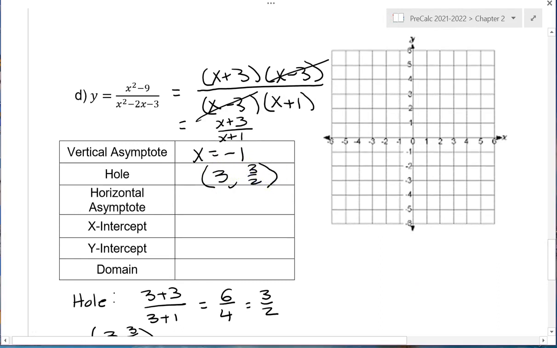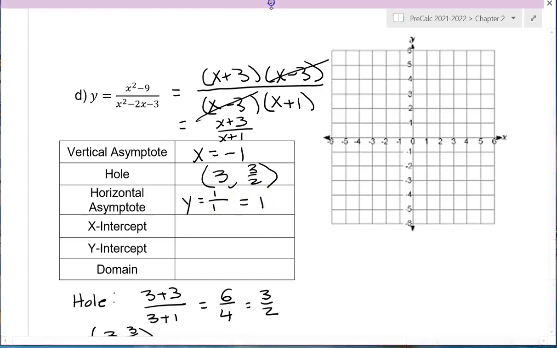Horizontal asymptote, numerator and denominator are both second degree. So our horizontal asymptote is going to be leading coefficient of the numerator, 1, over leading coefficient of denominator, which is also 1. So I get a y equals 1. So I'm going to put in the asymptotes. X is negative 1.